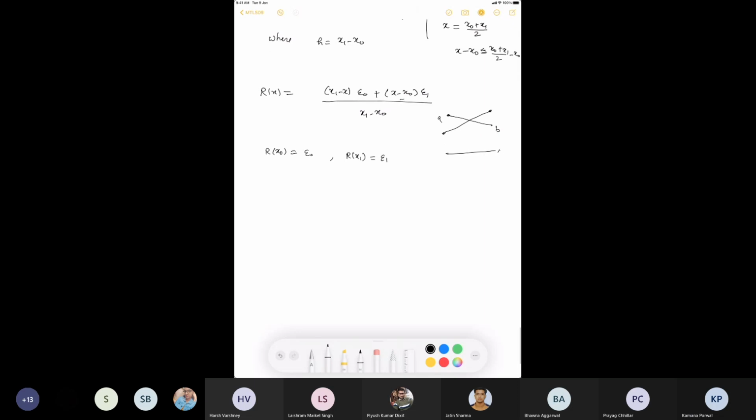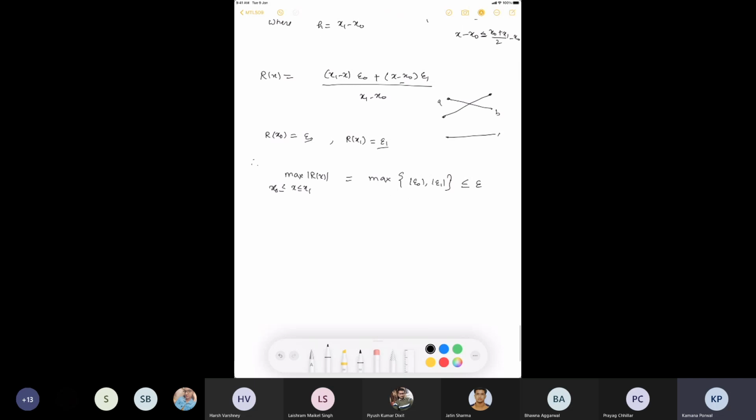Therefore, the maximum of the absolute value of R(x) over this interval is the maximum of the absolute values of these quantities, which is less than or equal to epsilon.